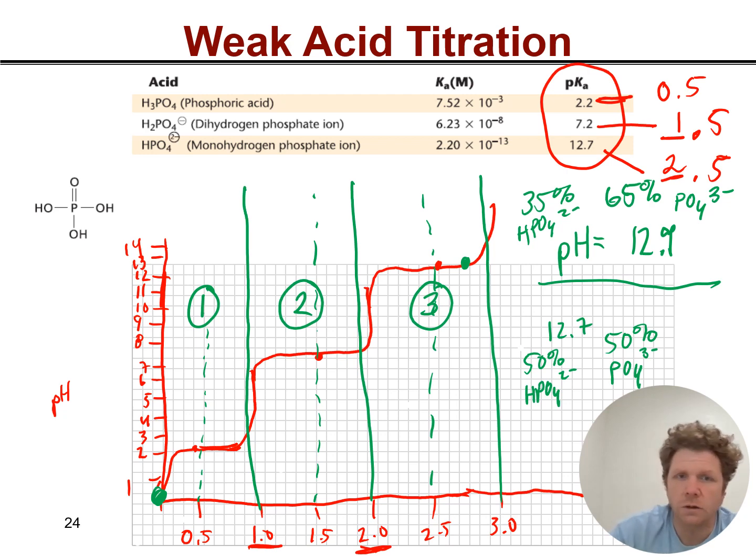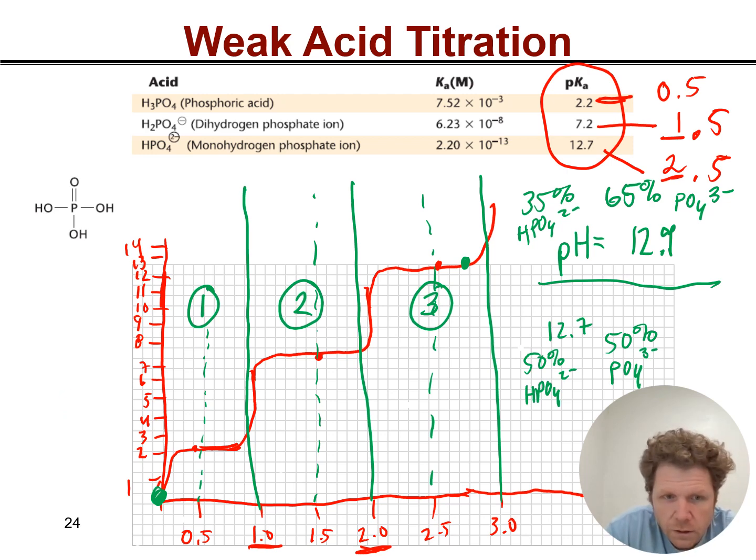Now these are numbers that you can come up with using the Henderson-Hasselbalch equation. And you can just punch in a ratio. So that's what we're going to do here. I've got to find the space for it. I've been drawing all over this slide.